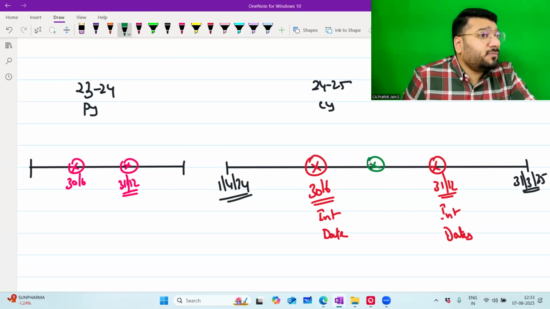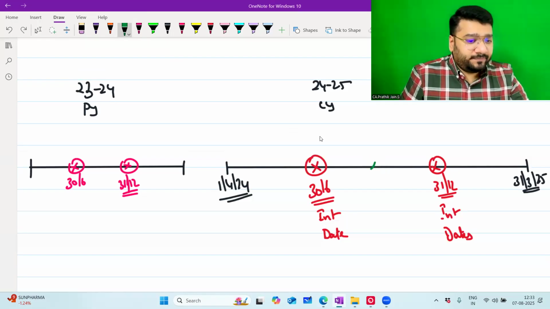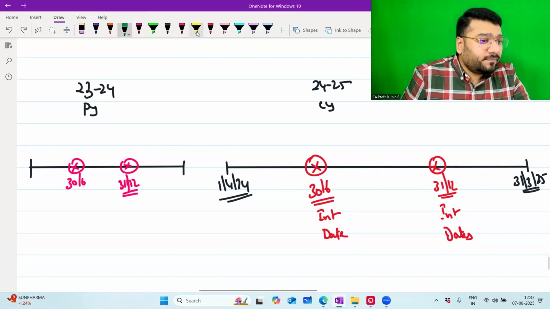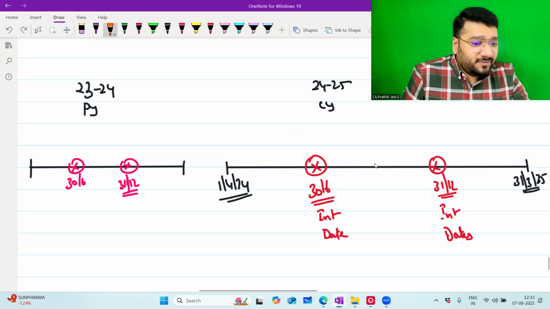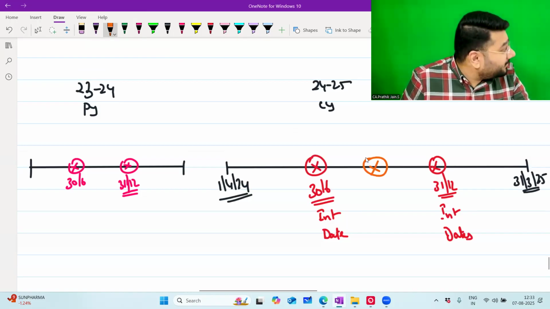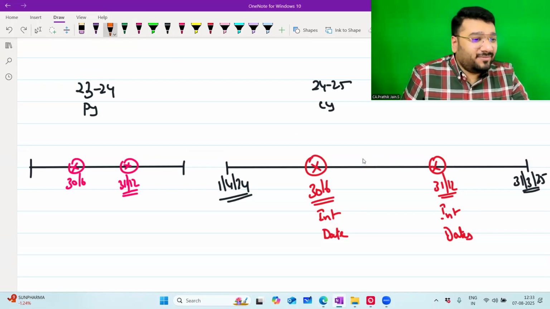Color is fine? Not fine? Not matching. Oh, you want complementing colors. Oh, like that.